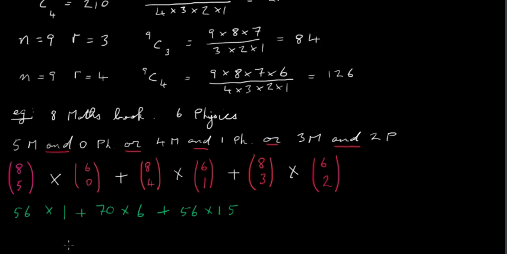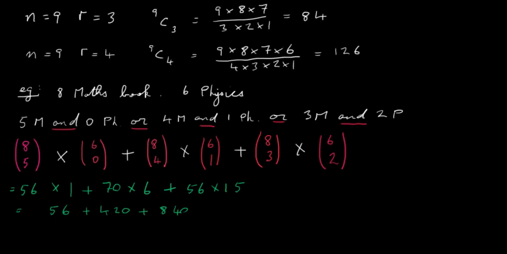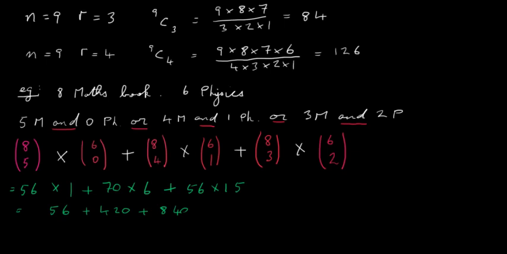So if you do those individually, you should get, let's see, 56 times 1 is 56. We're going to add 6 7s, 42, that's 420. And then we've got 56 times 15, that's 840. And when we do that, let's see, that's going to give us a total of 1316.